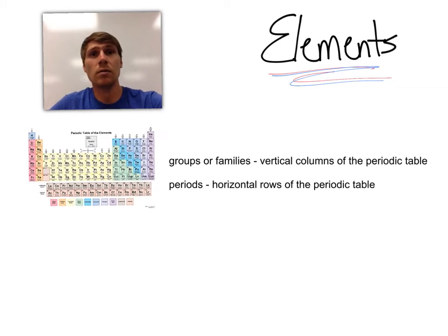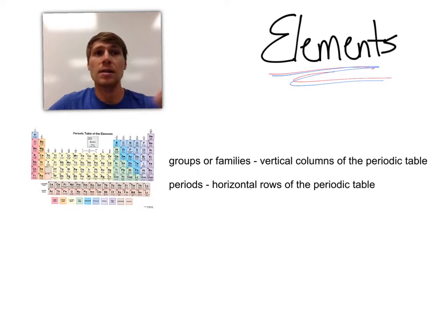The reason this is important is that in a group, elements have similar properties. All of those in the same column are going to have similar chemical properties to each other.